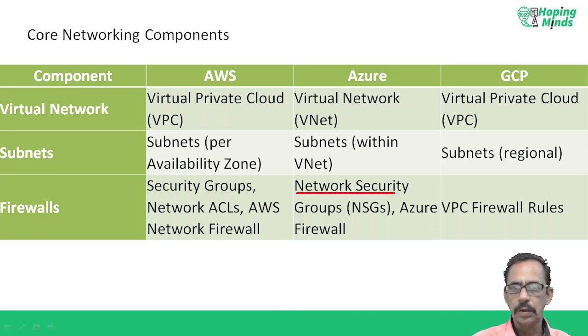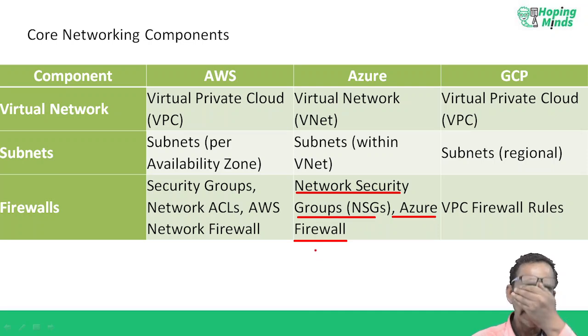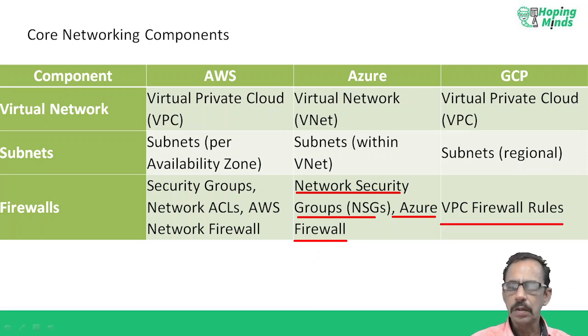In Azure cloud, it is a network security group, same, and Azure Firewall for the network security that is used. And in GCP, they have a strong firewall rule that you need to implement.